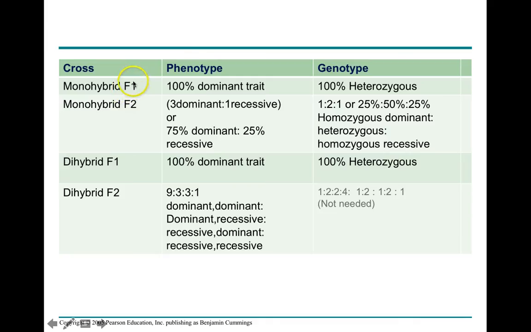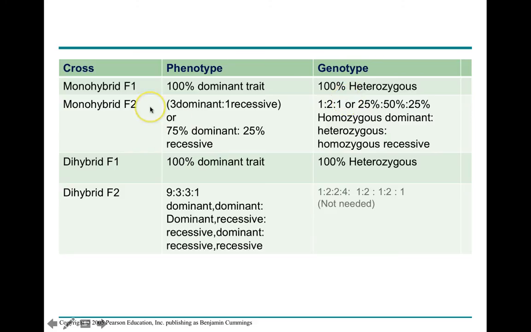So for F1 generation, phenotype and genotype will be 100%, whether it is monohybrid or dihybrid. Always it is going to show up 100% dominant trait for phenotype and 100% heterozygous for genotype. Doesn't matter whether it is dihybrid or monohybrid. F1 means always 100%. If it is phenotype, it is 100% dominant. If it is genotype, it is 100% heterozygous.